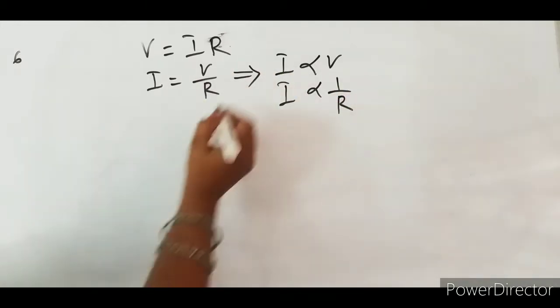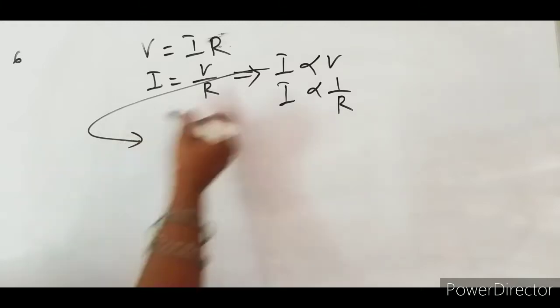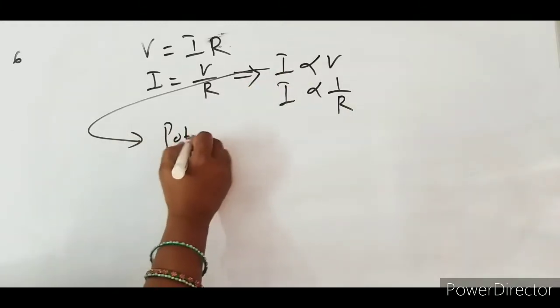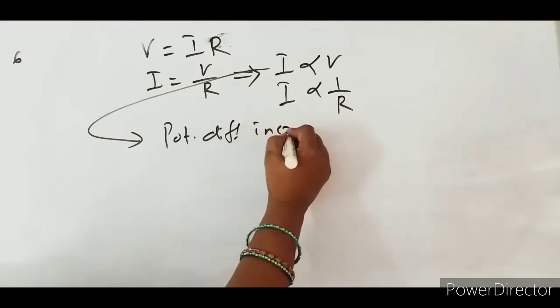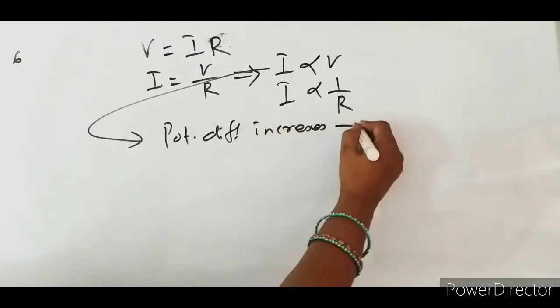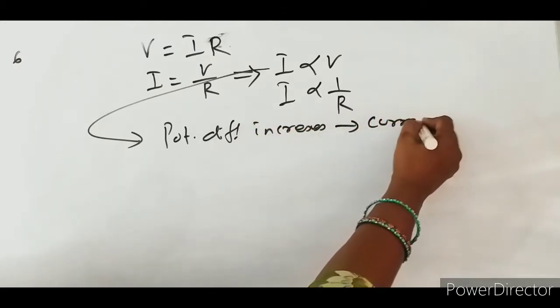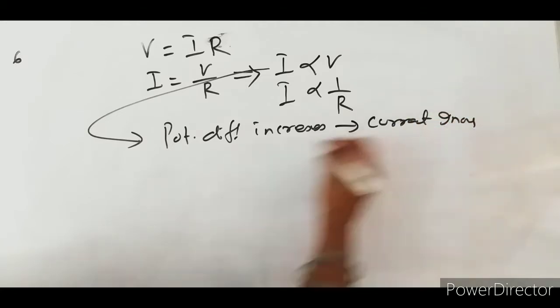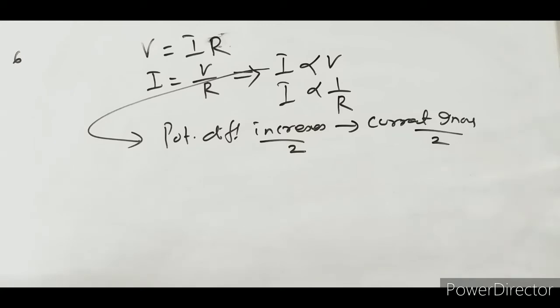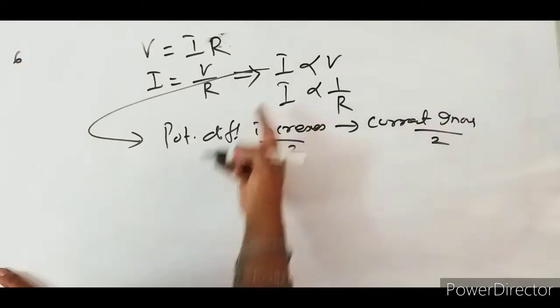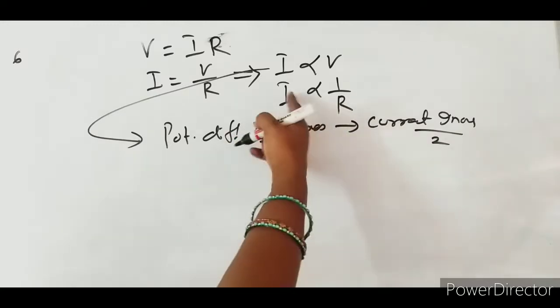The meaning of this statement is that when potential difference increases, current increases. If it increases by 2 times, current also increases by 2 times. Then what is the relation between I and R?